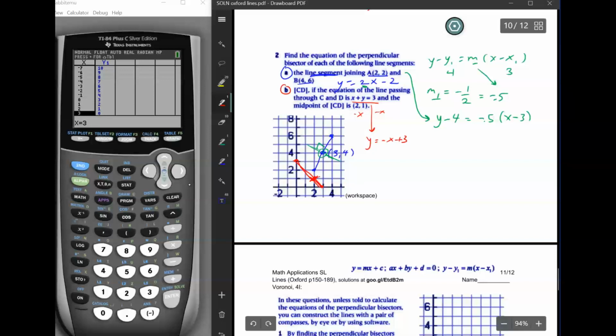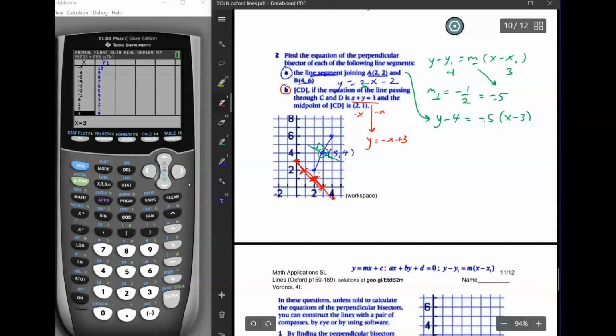So let's say that this is C and this is D. Then that would be the midpoint, right? Another possibility is this point here could be C, and this point here would be D. But it doesn't really matter what C and D are, even though they call it CD. The midpoint is the important point.